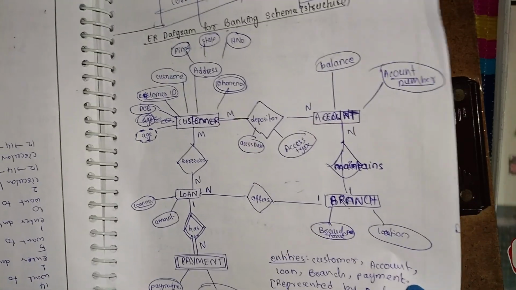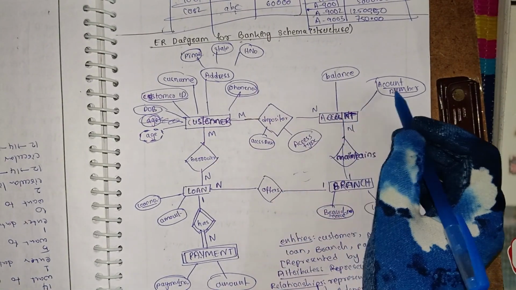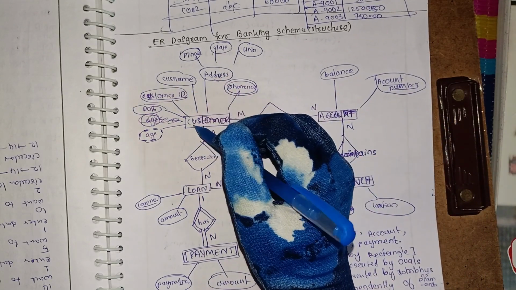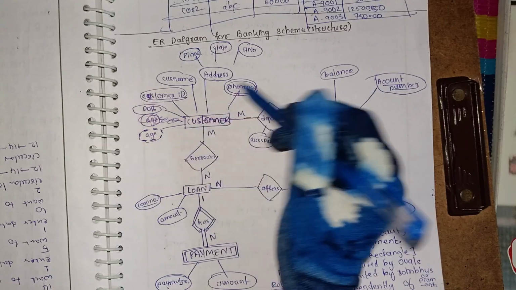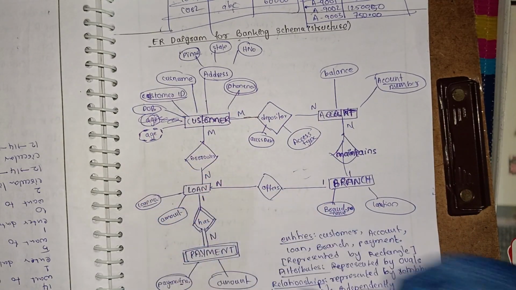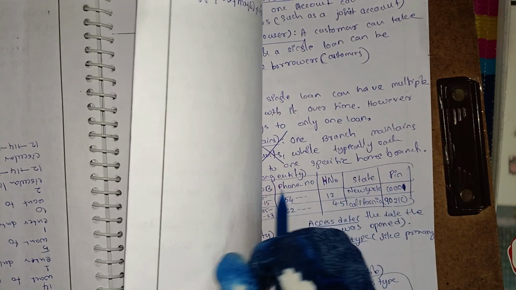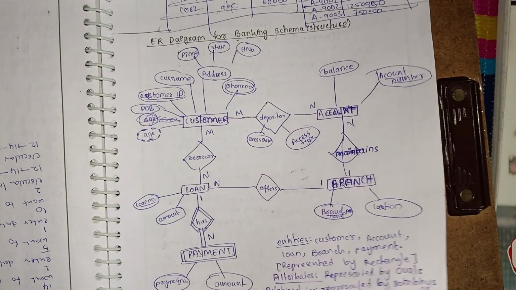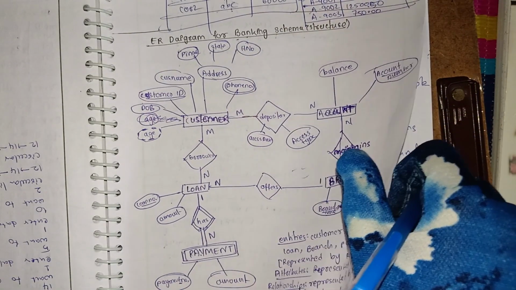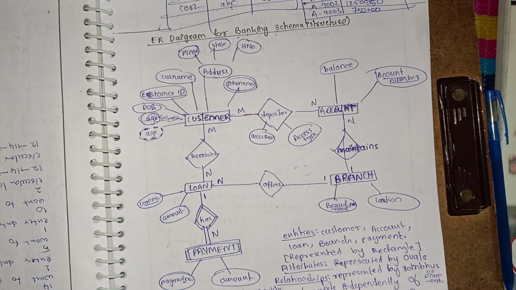As we can see in the diagram, account has balance and account number attributes, and customer has address, phone number, customer name, customer ID, date of birth, and age. Age I didn't draw here in the table because it is a derived quantity, means it is only used at query time.